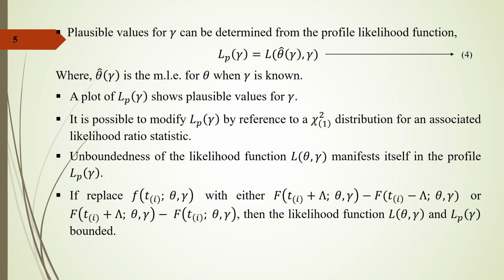But the unboundedness of the actual likelihood function manifests itself in the profile likelihood function. If we replace the PDF with either capital F of ti plus gamma; theta, gamma minus capital F of ti minus gamma; theta, gamma, or with F of ti plus gamma; theta, gamma minus F of ti; theta, gamma, then the likelihood function and profile likelihood function will be bounded.